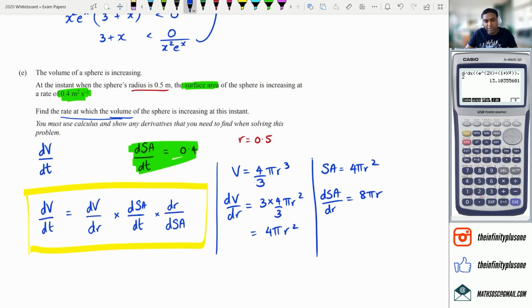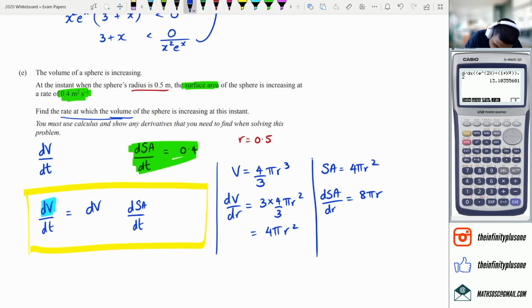Now, I completely understand if you're like, where did he get that from? All right. The other way of looking at it is to think about it like this. On the left-hand side, I have dV, which means in the numerator, I need a dV. All right. Because that's how I'm going to get the two equations to actually match up.